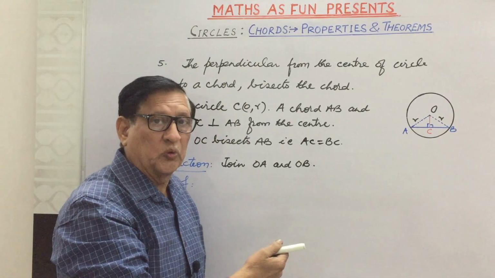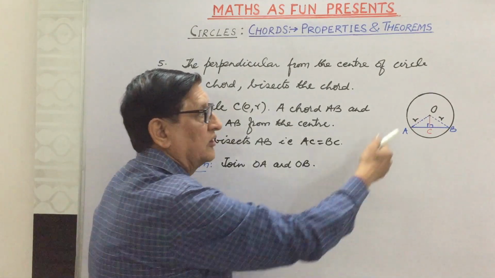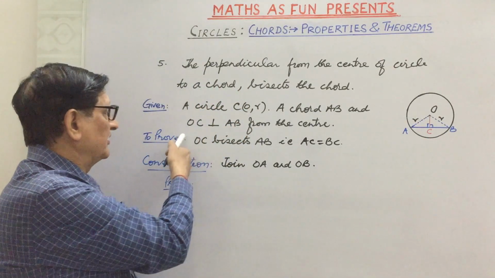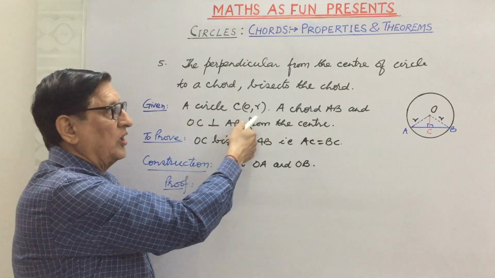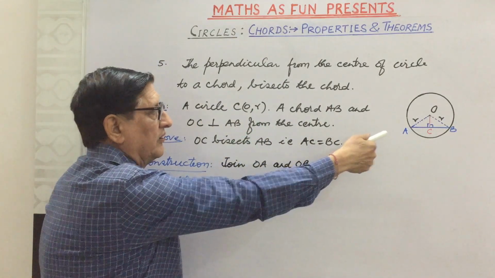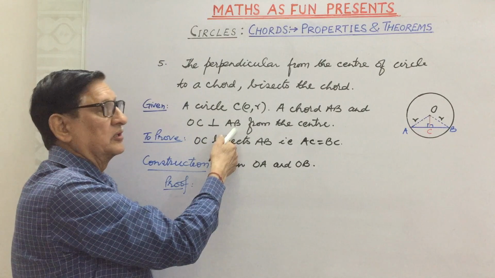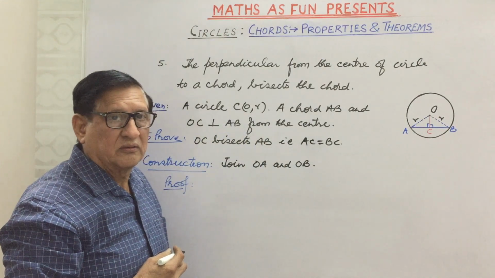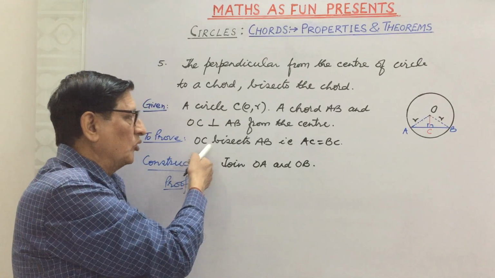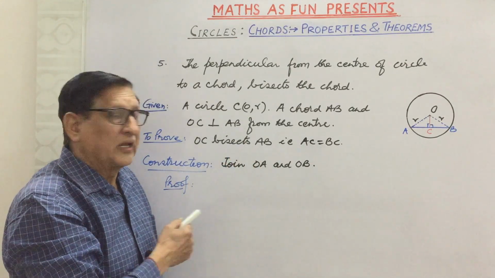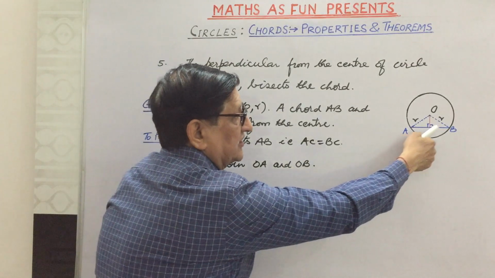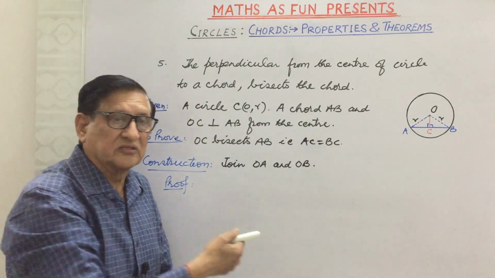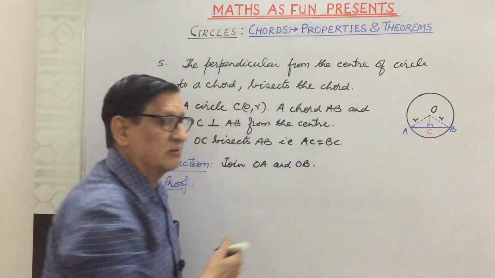We have to prove that OC bisects AB. So we write here, given a circle, a chord AB, and OC perpendicular to AB. What is to be proved? That OC bisects AB. It means AC is equal to BC, or we can say C is the midpoint of AB.